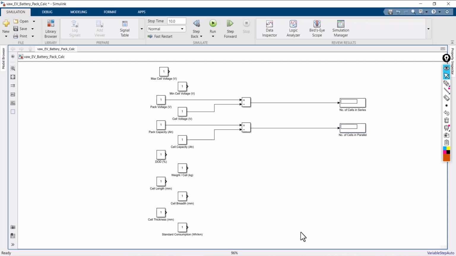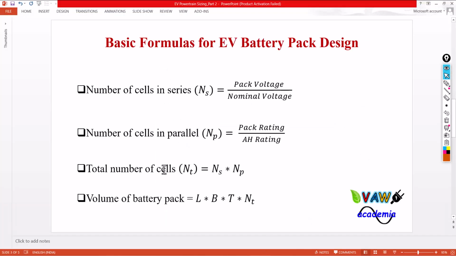Right, and then the total number of cells. Simply multiply these, and then if you want to calculate the volume of the battery, simply multiply length into breadth into thickness into the total number of cells.